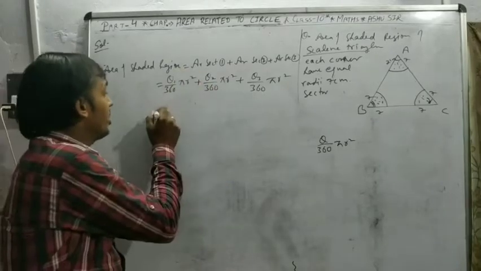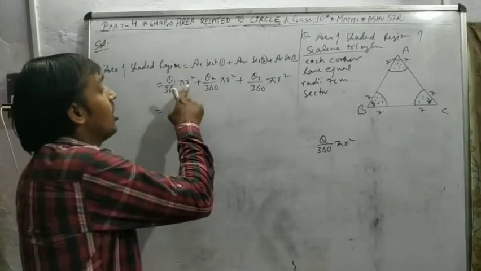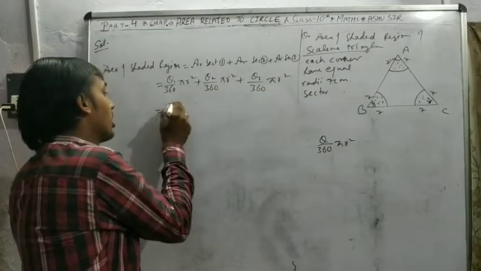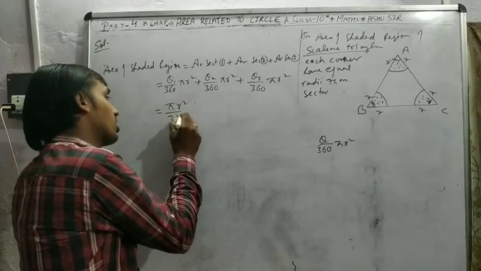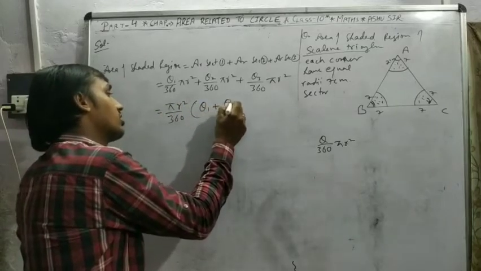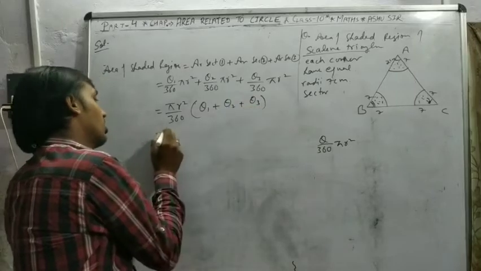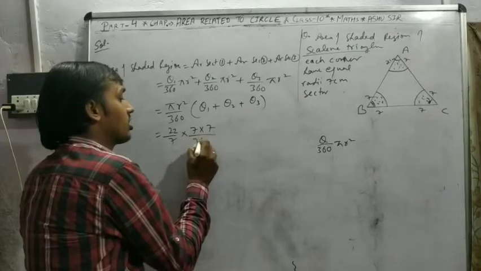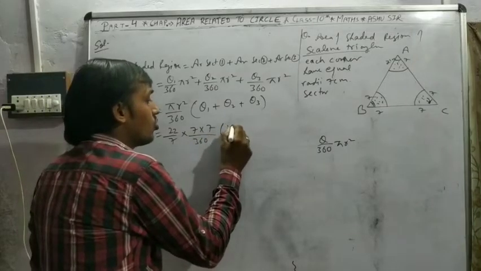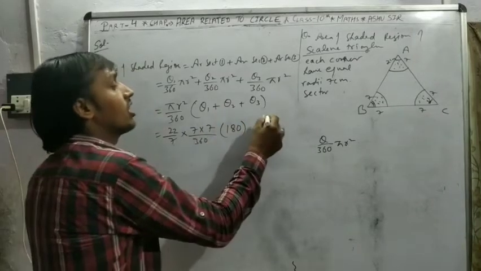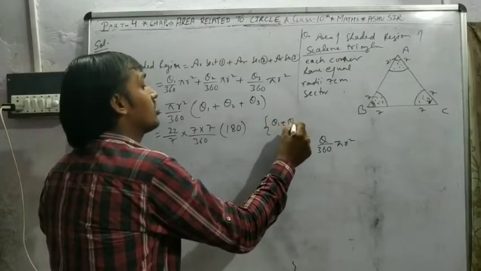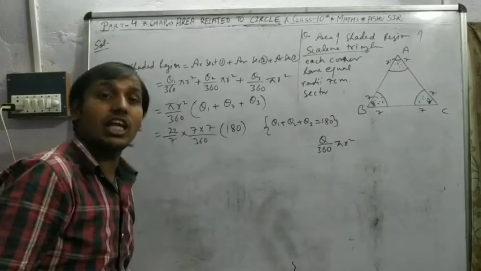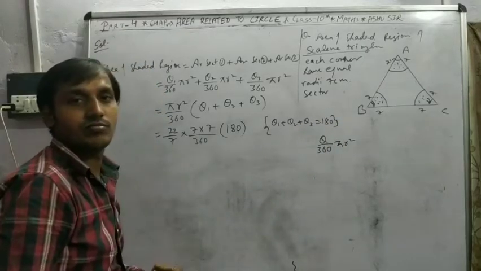The radius is the same for all, so r is common, but theta 1, theta 2, theta 3 differ. Here pi r square upon 360 is common in all, multiplied by theta 1 plus theta 2 plus theta 3. Pi is 22 upon 7, the radius is 7, and 360 is the same. And theta 1 plus theta 2 plus theta 3 is 180 degrees, because it is the sum of the interior angles of a triangle.